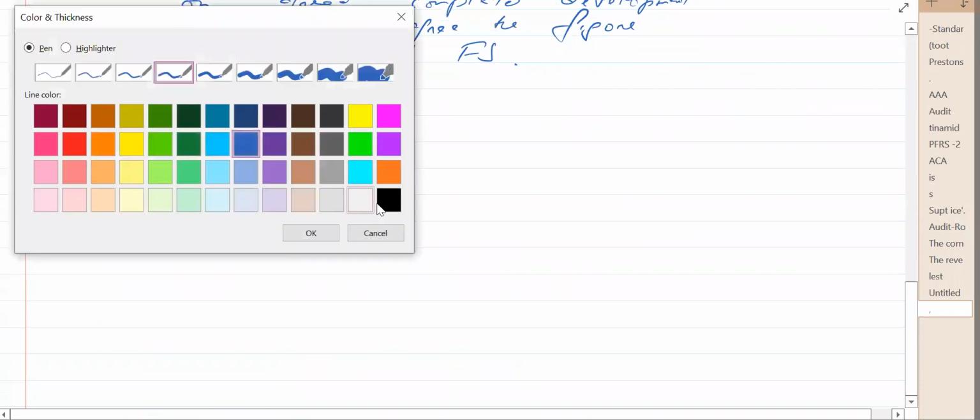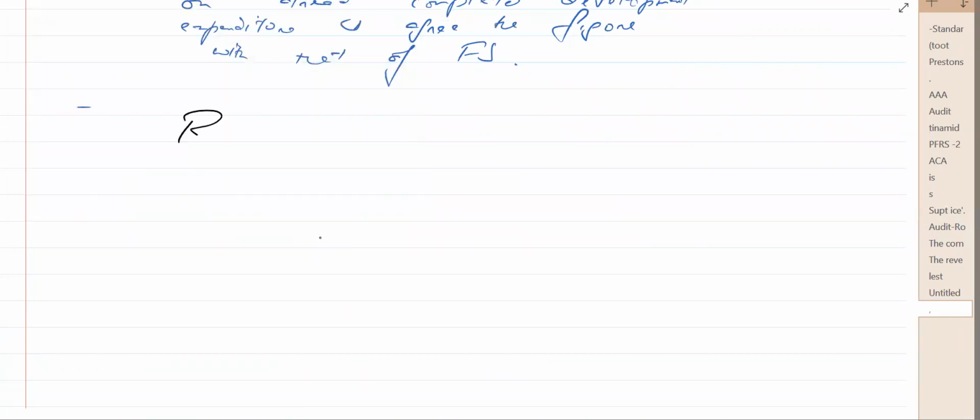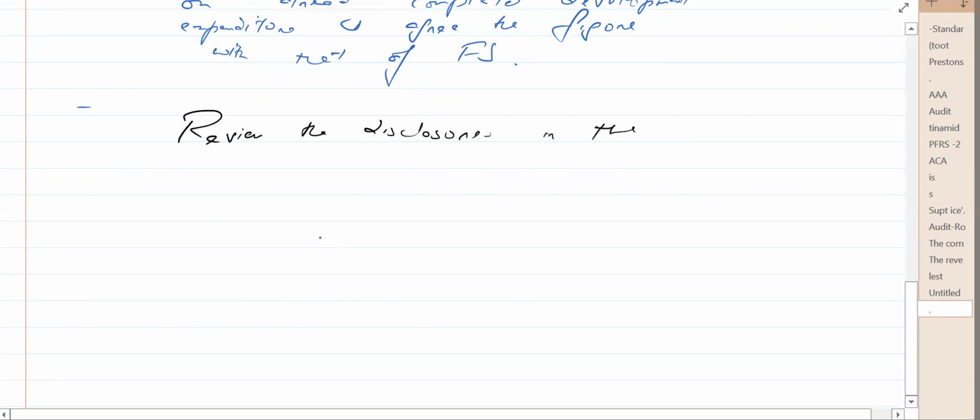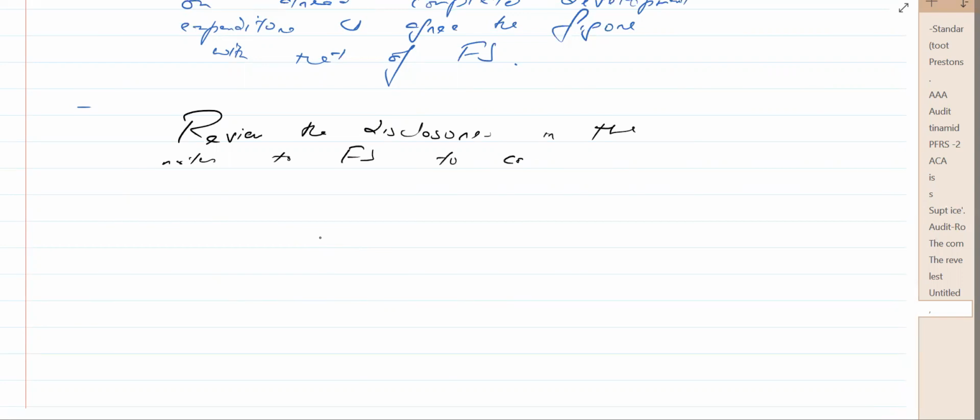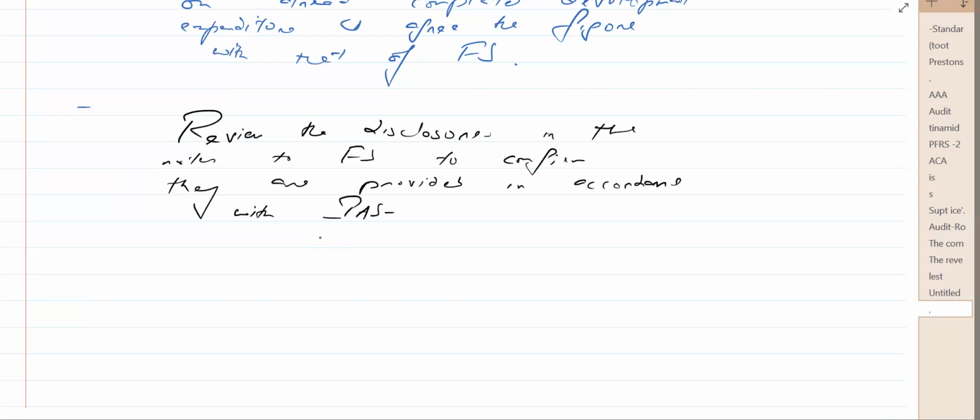that is relevant almost everywhere and that can give you free marks, that is review the disclosures in the notes to the financial statements to confirm they are provided in accordance with IAS 38 or in accordance with the relevant standard if you don't remember the number.